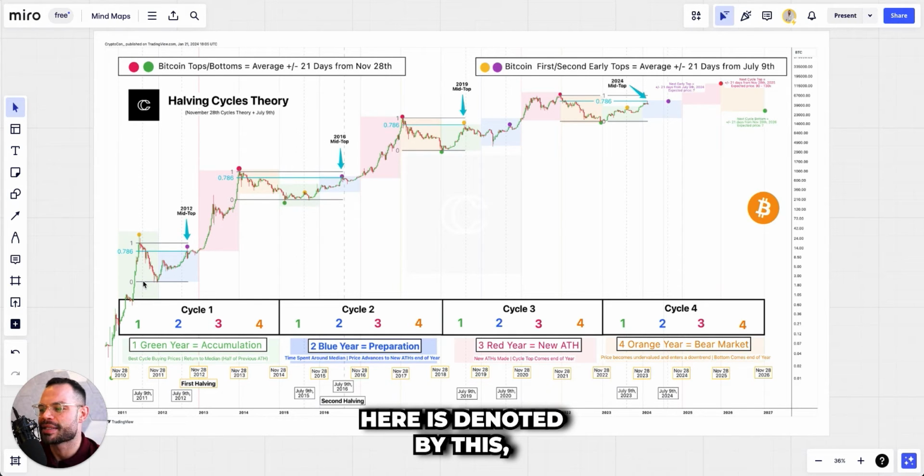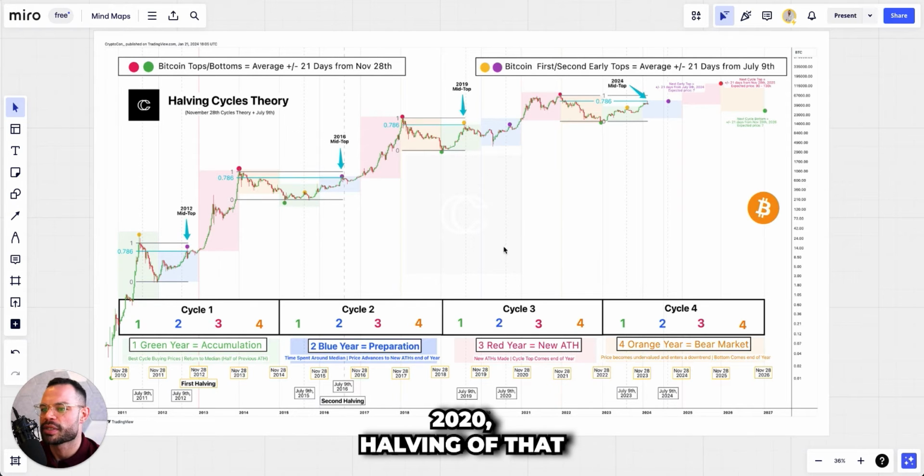The halving events are denoted by these dotted lines on the chart for 2012, 2016, 2020, and then we're going to have the 2024 halving over here as well. So this green year of accumulation tends to happen in the year prior to the halving event.